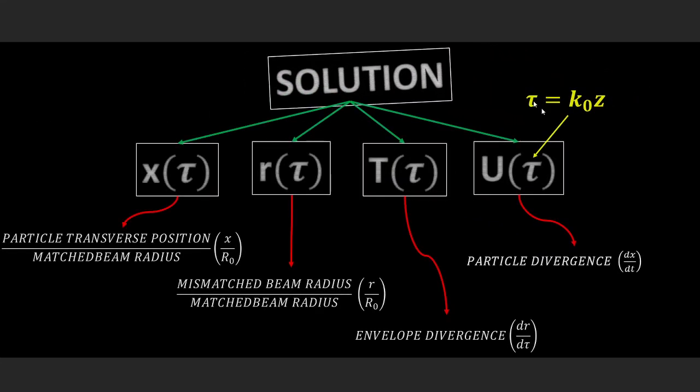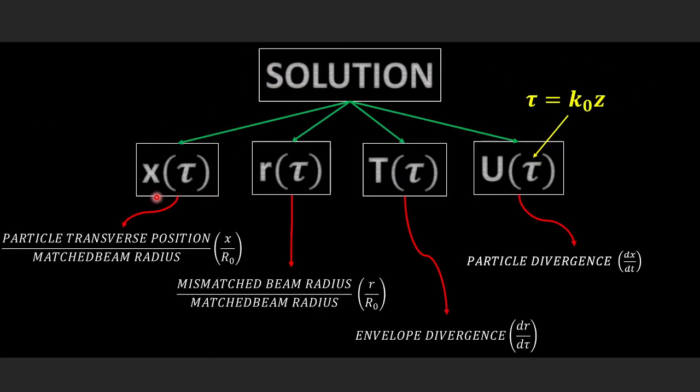By solution I mean we want x, that's the particle position. This x is basically r over r naught, the particle position as a function of tau, that's k naught z. Then the mismatched beam envelope radius as a function of tau, and this is R by r naught, I'm sorry, capital R by r naught, not small r by r naught.